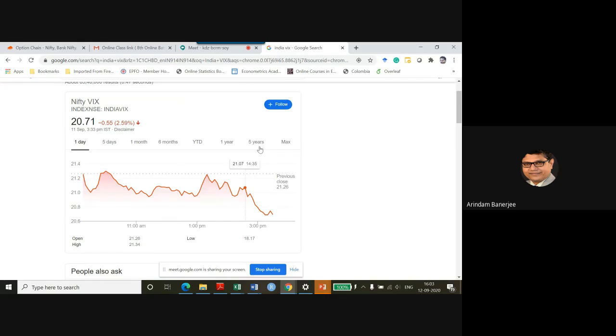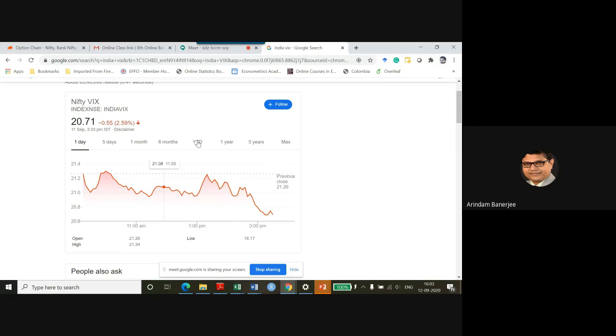The VIX actually shows the expected volatility of the market participants in the coming 30 days. This volatility is 20.71. This figure is not showing what the volatility is at that point of time. It is actually showing how much volatility the market participants are perceiving in the forthcoming 30 days.